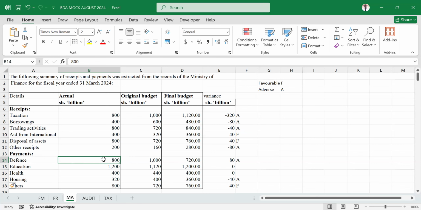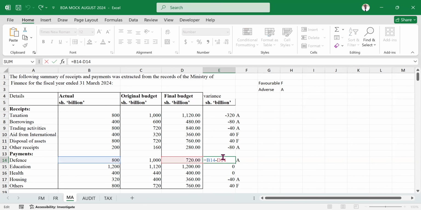So if the actual is greater than the final, now you realize that you are paying more than what was in the budget. So actually the variance should be a negative variance because you are paying more than what you had in your final budget. The actual is higher. So in this case, you need to be having a negative variance.